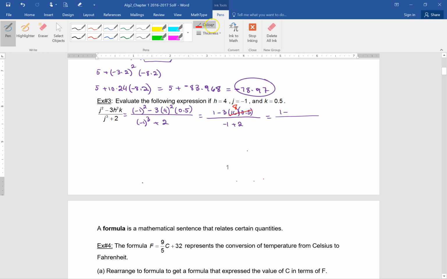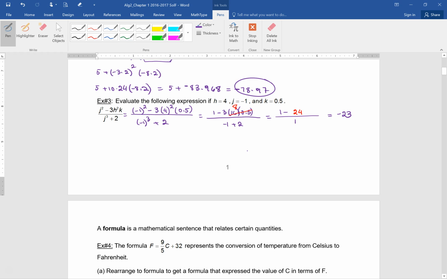So now I have 1 minus 3 times 8, which is 24. Over what? 1. So the answer is negative 23 over 1, which is just negative 23. Okay, questions? Yeah, so for example number 3, the second one, the under part where you say negative 1 plus.